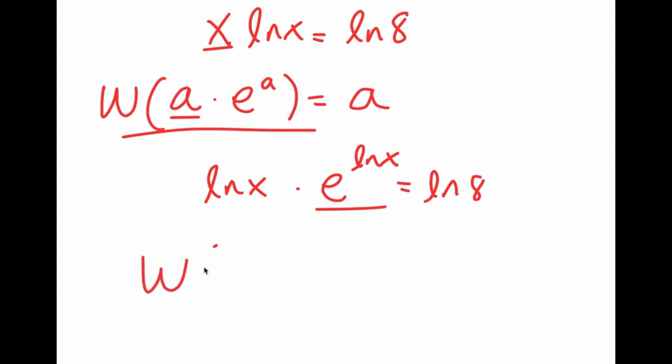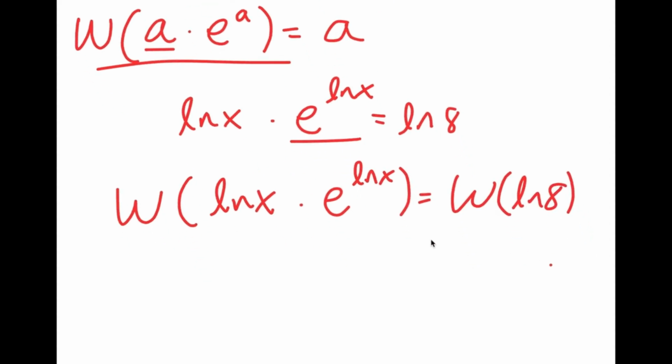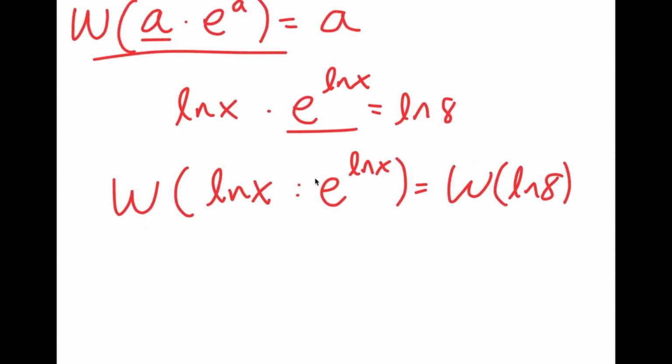So I'm going to take the W on both sides. So I have W of ln x times e to the power of ln x is equal to, what I have to do on one side, I have to do on the other side, W of ln 8. And this simply turns into ln x is equal to W of ln 8.